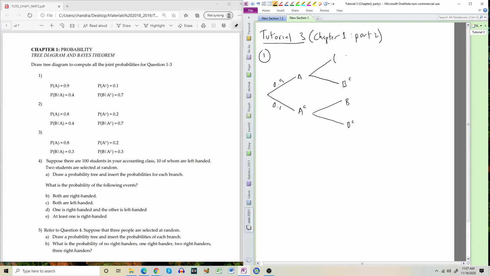A happens first, and what is the probability of B? We can also write it like this.